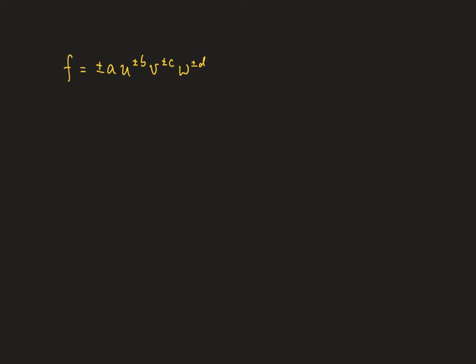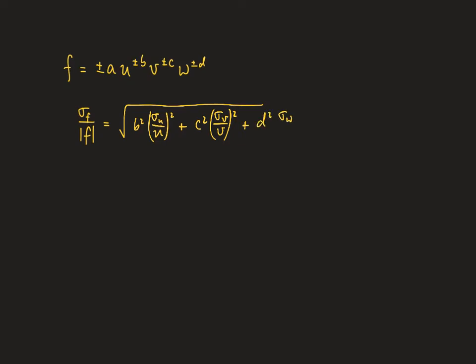You can look in the lab manual, or you could try and derive this on your own, but what you'd find is that the relative uncertainty in f, so f's uncertainty divided by the value of f itself, in this case is going to be the square root of the sum of the squares of the powers: b squared times the relative uncertainty, sigma u over u, squared, plus c squared times sigma v over v squared, plus d squared times sigma w over w squared.